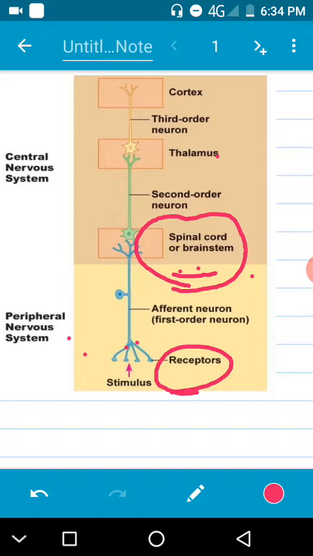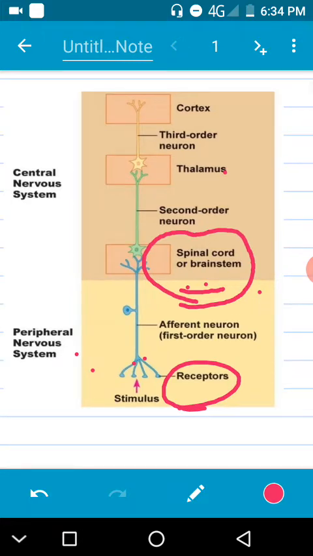So okay, the sensations are taken care of by the first order neuron and they enter the central nervous system. So where do they go next? From the first order neuron, the first order neuron gives rise to the axons, as you know. So they will synapse with the second order neuron.